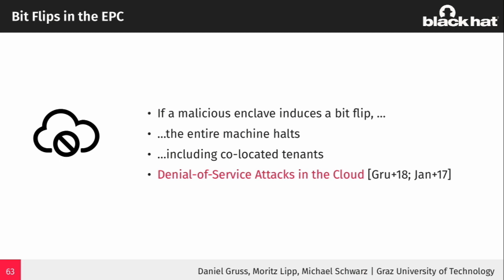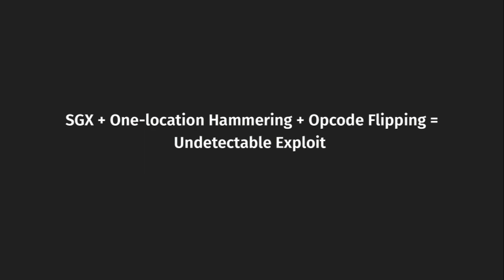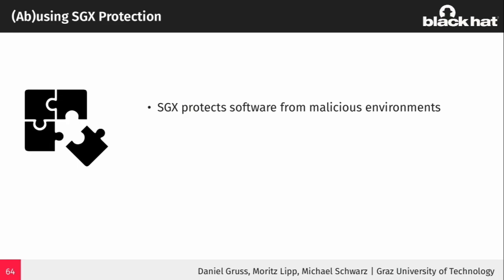But denial of service is boring. That's not something we want to do. Maybe we just put everything together that we already have: SGX, the one location hammering and the opcode flipping, and then we build an undetectable exploit. Okay, that would be cool. SGX is really nice because it protects software from malicious environments.